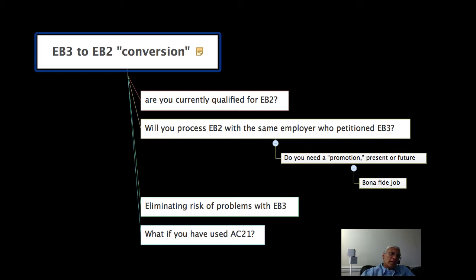So when you do this analysis of EB3 to EB2 conversion, the first question you want to ask yourself is, am I currently qualified for EB2? Why is this question important? Remember, green card is for a job in the future, which means today I'm working as a programmer, tomorrow's job could be project leader.